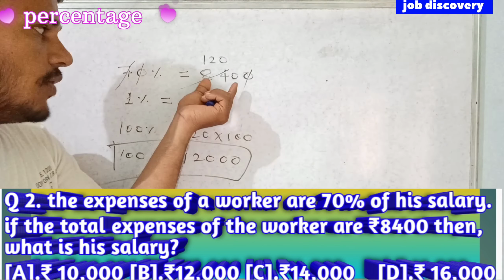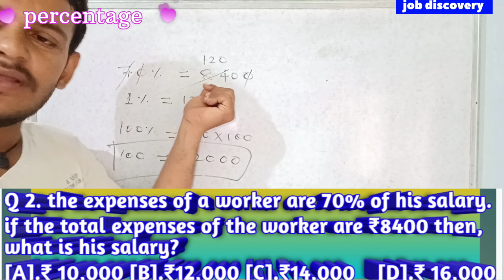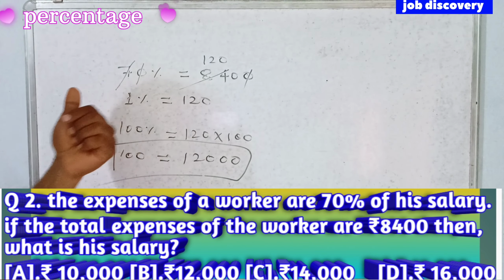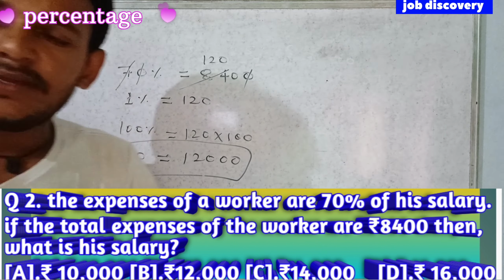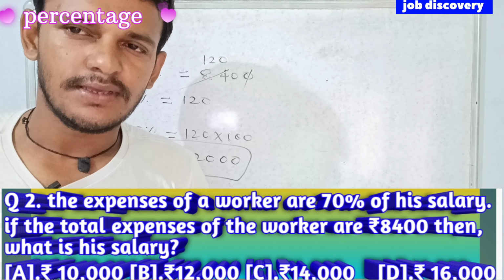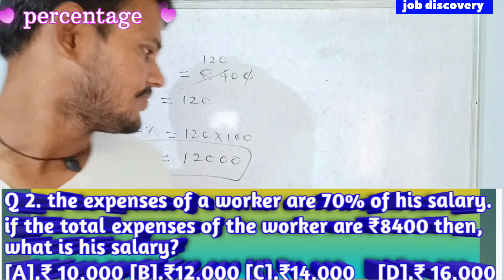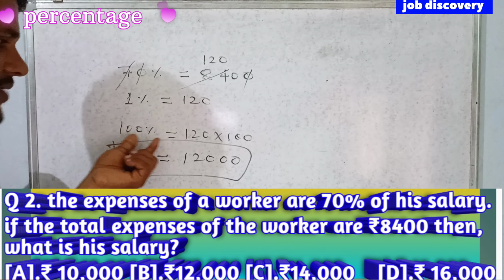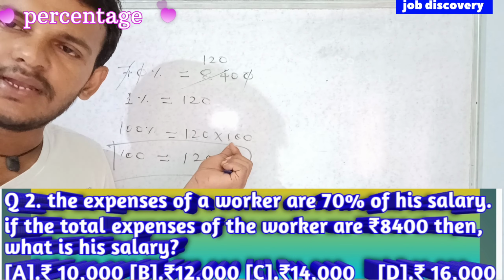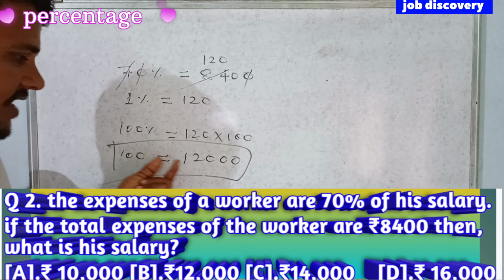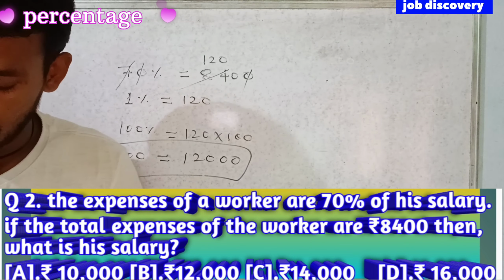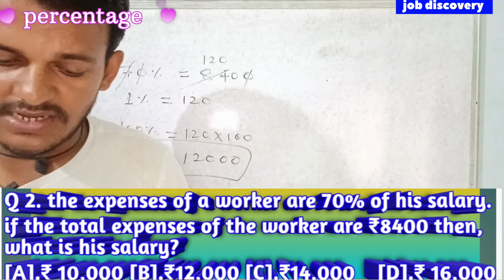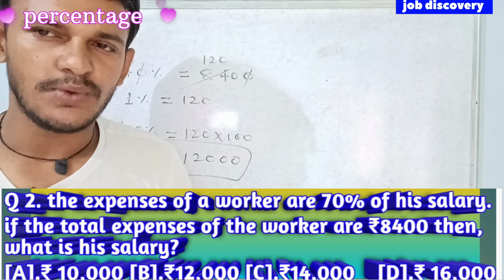In real amount his expenses is 8,400. Our target is to find his salary, means his 100%. So 1% is equal to 120. 100% will be 120 into 100. So his salary is 12,000. Option B is the correct answer. Move to next question.